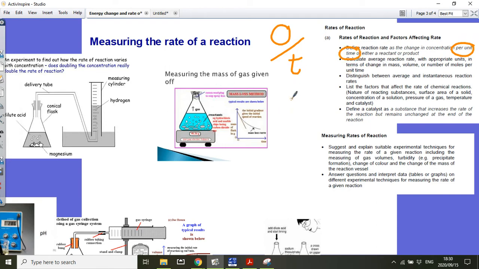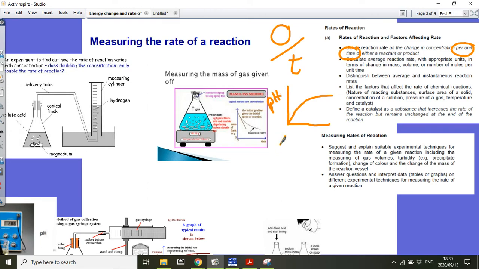Now, when you get a graph and you have measured one of these things, let's say we've measured pH over time, the pH changed and changed and changed, and then it didn't change anymore. So this one went higher, so it became more basic. So what you would say then is the rate would be the change in the pH over time.